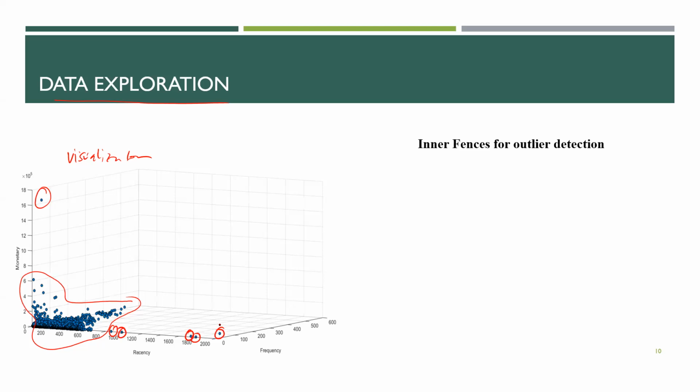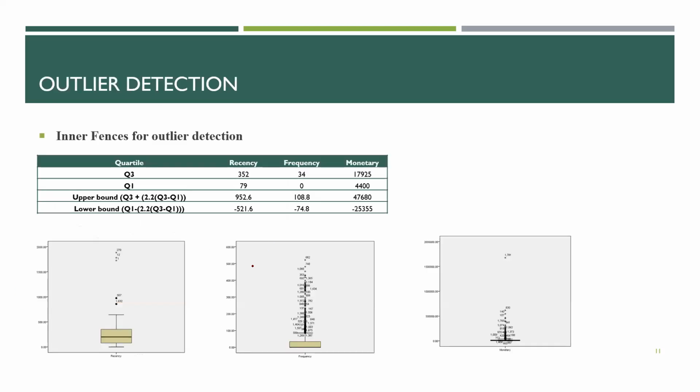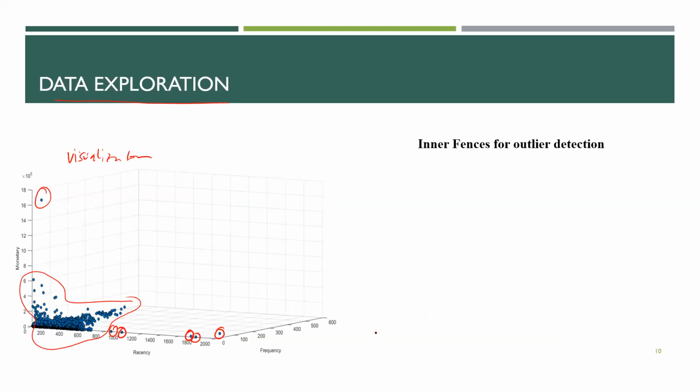Okay, and then to support my hypothesis, because here I just thought there might be some outliers, to support that statement we use a basic statistical approach, simply using a box plot. To make sure statistically that yes, there are some outliers, because visualization can be right, it can be wrong.